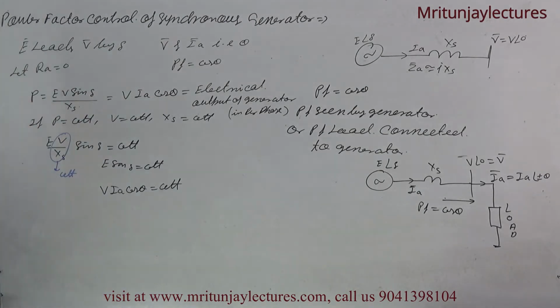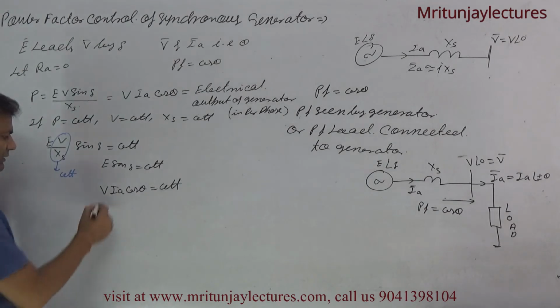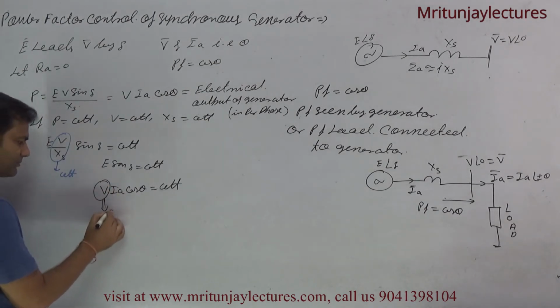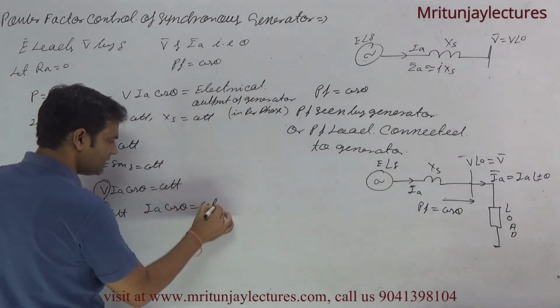That is P, if RA is equal to 0, and it is also written like this. So we got this is constant, which means IA into cos theta is equal to a constant. Clear?